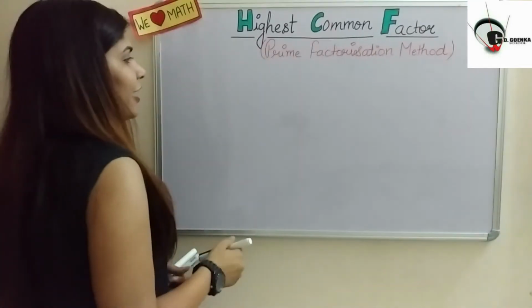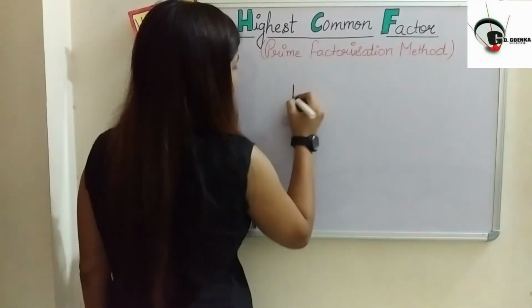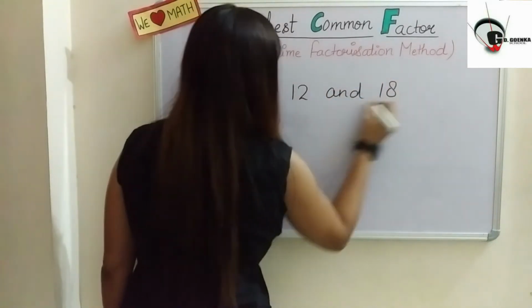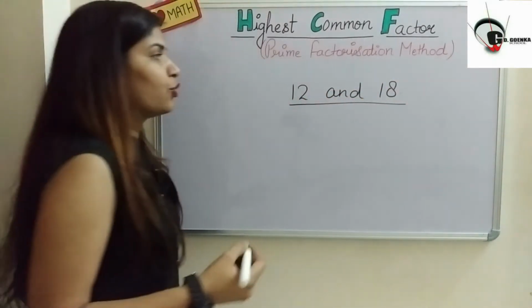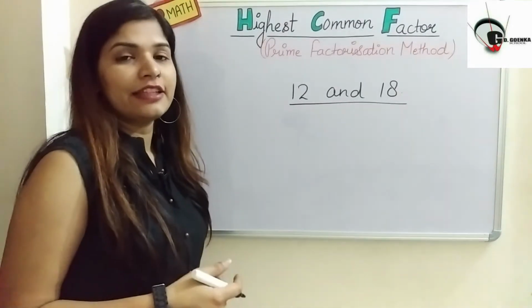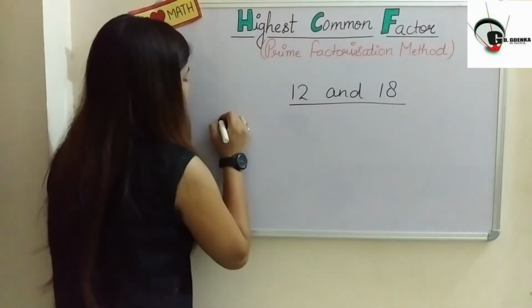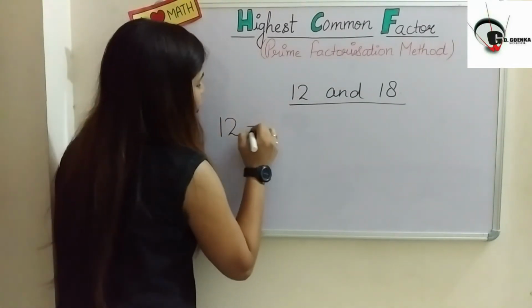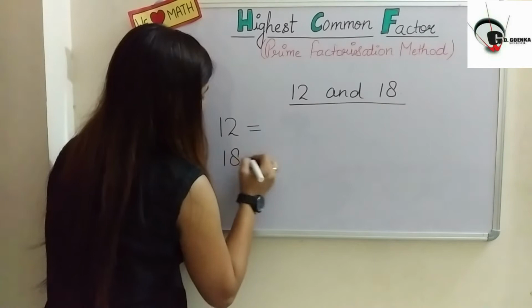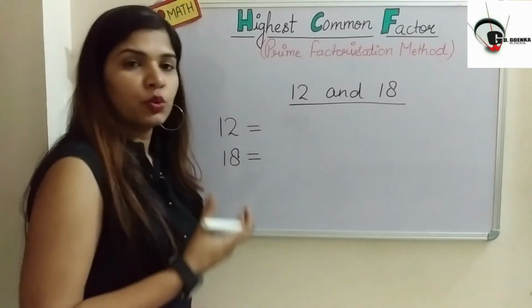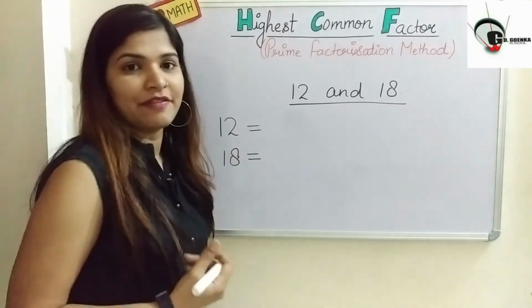So I'll take two numbers, 12 and 18. Here kids, I am doing the method of listing the factors. In this one, first of all we need to write down all the factors of 12 and 18, that is by which numbers 12 can be exactly divided.